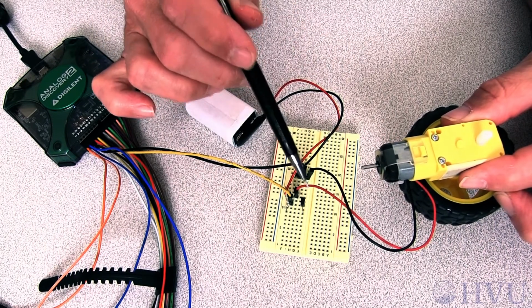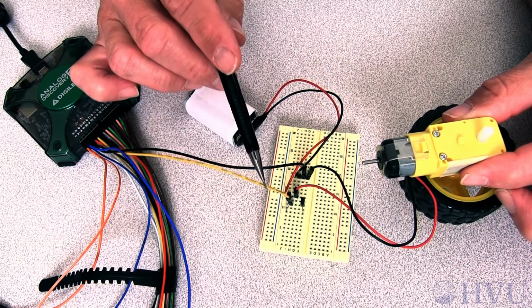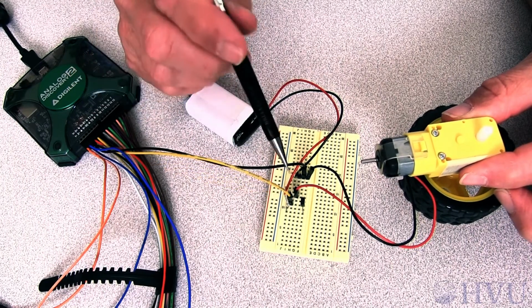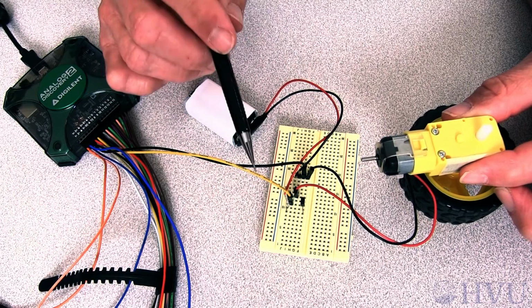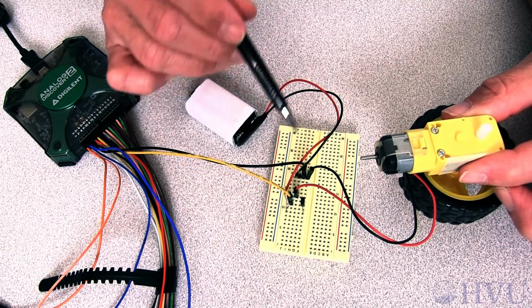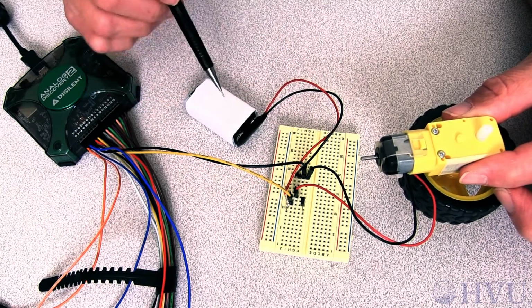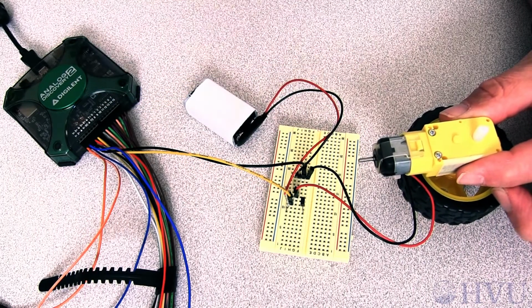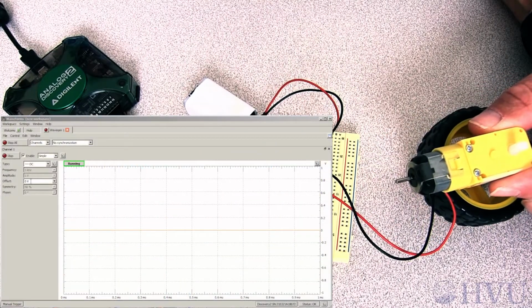The source of the MOSFET is connected to the motor, which is connected to ground, and channel 1 of the Analog Discovery is applied at the gate to turn the MOSFET on and off. So when this voltage is low, no current flows to the motor. When this voltage is high, current flows from the battery to the motor, and it turns the motor on. So right now, the voltage is 0 and the motor's off.